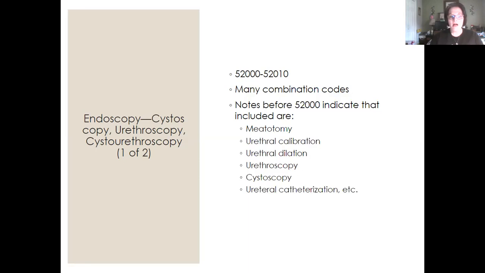Notes before 52000 indicate that included are meatotomy, urethral calibration, urethral dilation, urethroscopy, cystoscopy, urethral catheterization, etc. So you need to go through your notes before 52000 and do some highlighting and making notes.